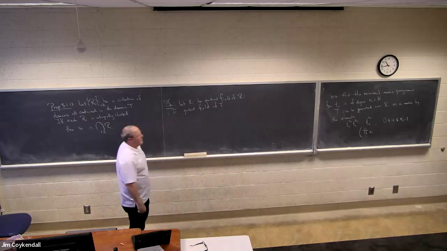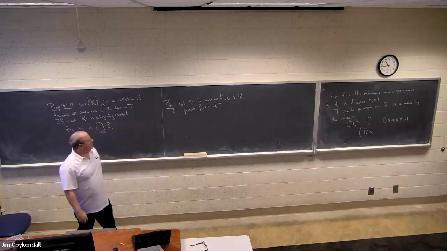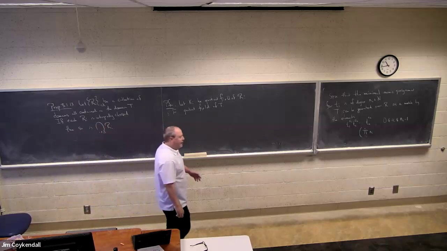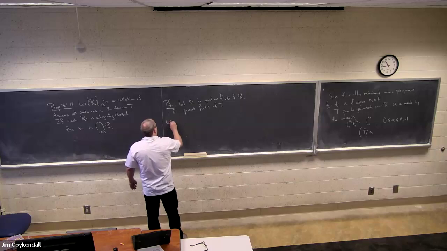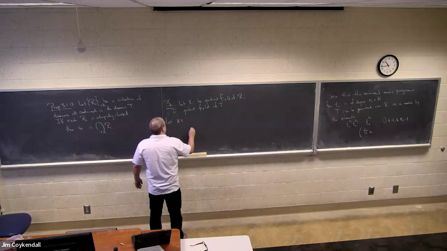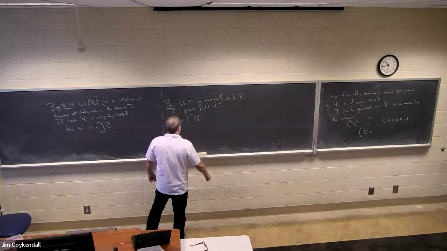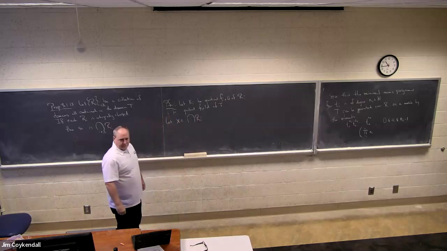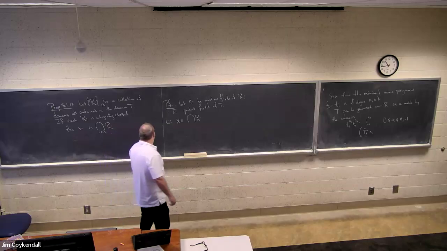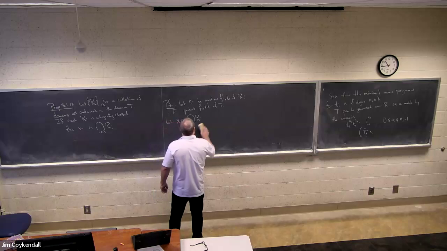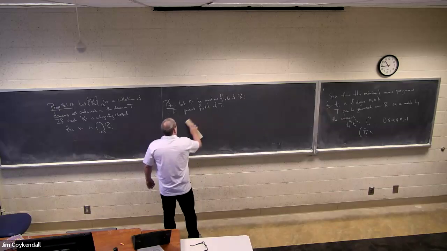Okay, I'm not too sure I'm going to need that notation, but whatever. Okay, so let X be in the intersection of Ri. I'm sorry, that's not what I want to do.